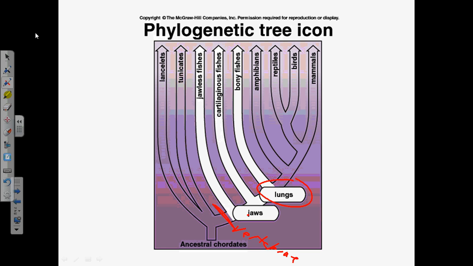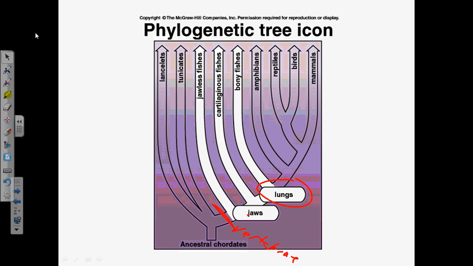And notice it says lungs. Do most fish have lungs? No. But there are a few that do. Where would you find a fish with lungs? There are several species of fish in Africa that live in streams. And the streams dry up when it doesn't rain for long periods of time.